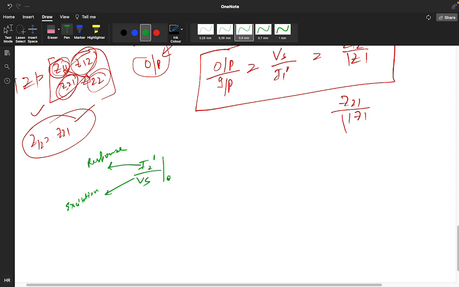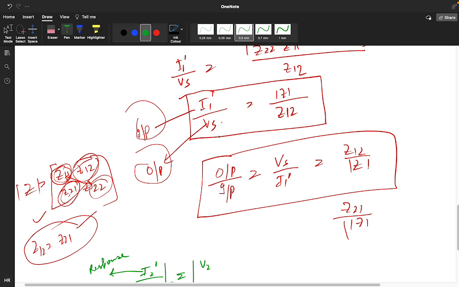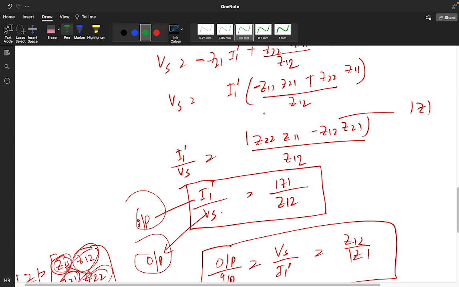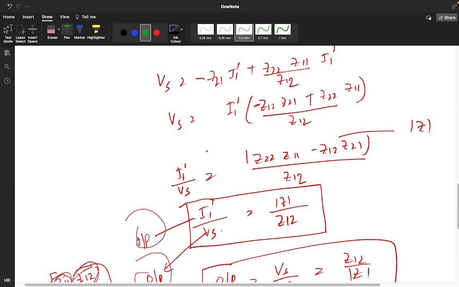This we did for network 1. Here we are getting the same thing: I1 dash divided by V of S.